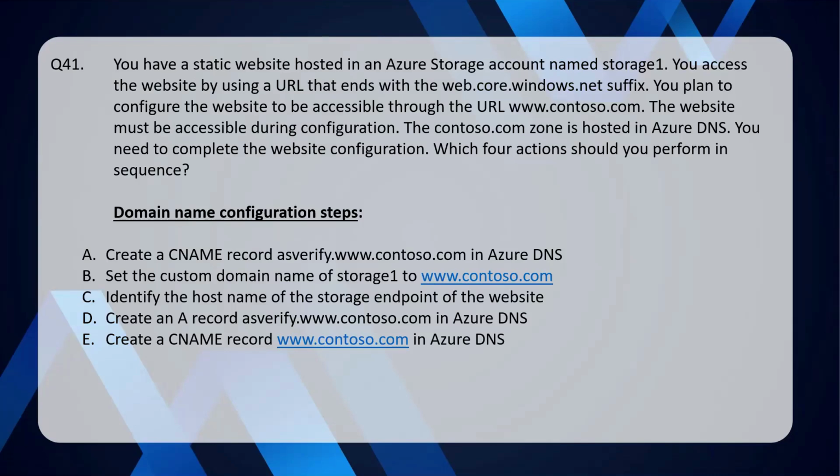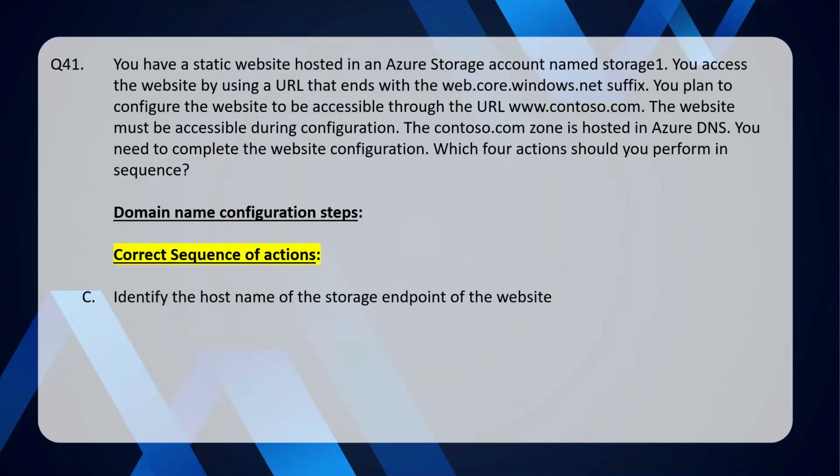Now friends, you should start with identifying the host name of the storage endpoint of the website. This will be followed by creating a CNAME record as verify.www.contoso.com in Azure DNS.